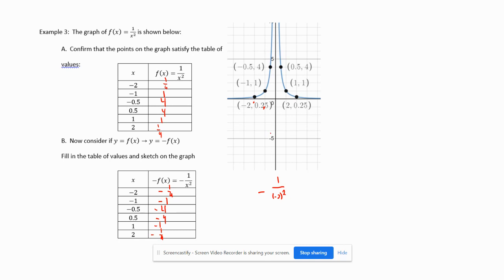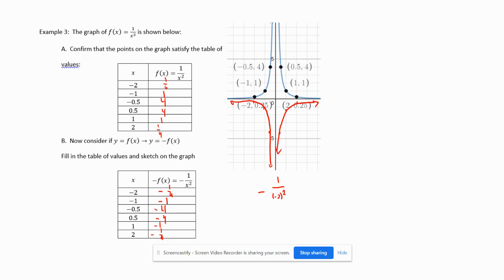And so forth. So this graph is going to look like this. Okay, so it's the exact same graph except it's going to be this.